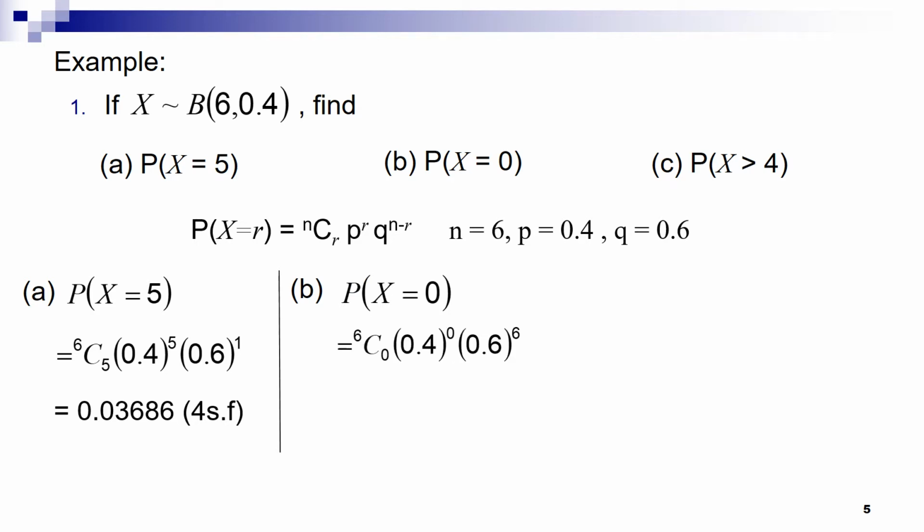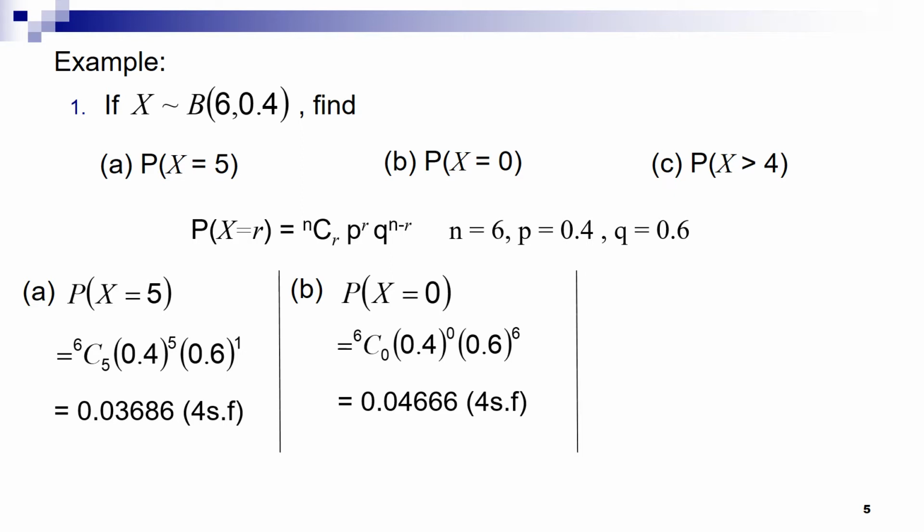You have 6C0 multiplied by 0.4 to the power of 0 multiplied by 0.6 to the power of 6. Now 6C0 is 1, and 0.4 to the power of 0 is 1. So all you need to do is find the value of 0.6 to the power of 6, which is 0.04666 rounded off to 4 significant figures.